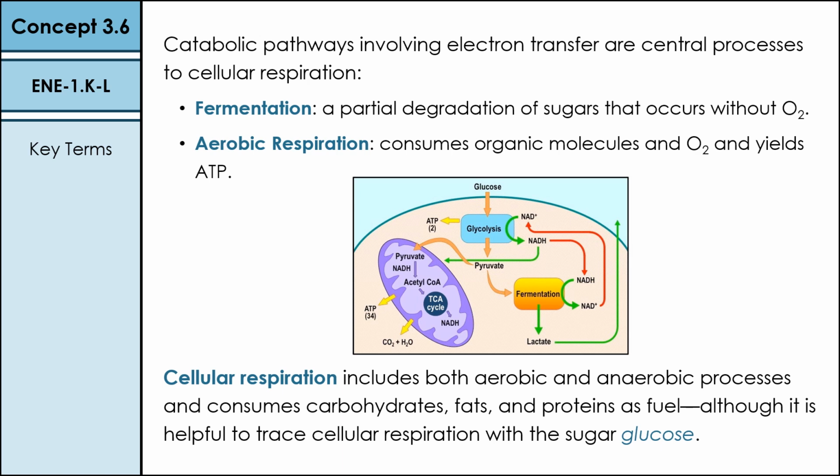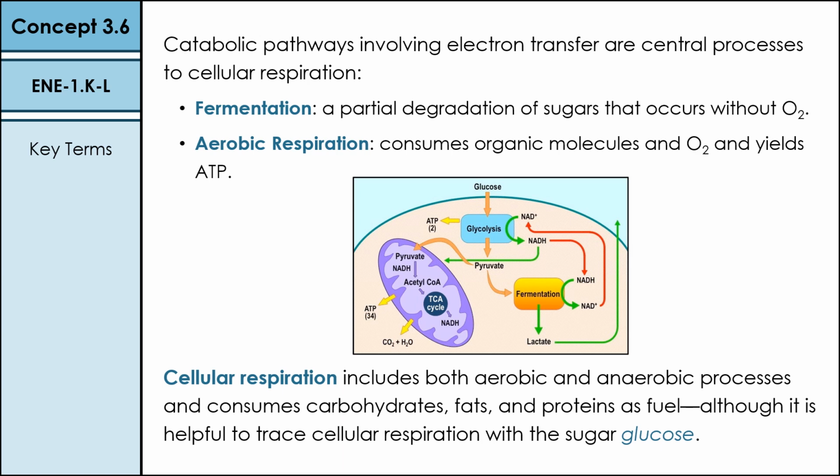And then when we think of cellular respiration, really the main camp that we're looking at is aerobic respiration, where we're consuming our organic molecules and oxygen gas, and we're creating this large sum of ATP, cellular energy. Now, I would like to mention that when I say organic molecules, I mean all of our organic molecules.